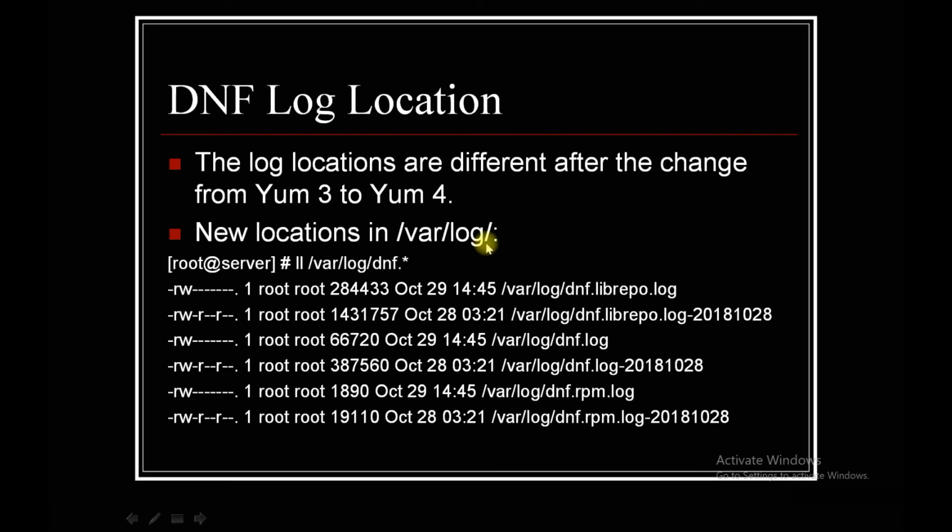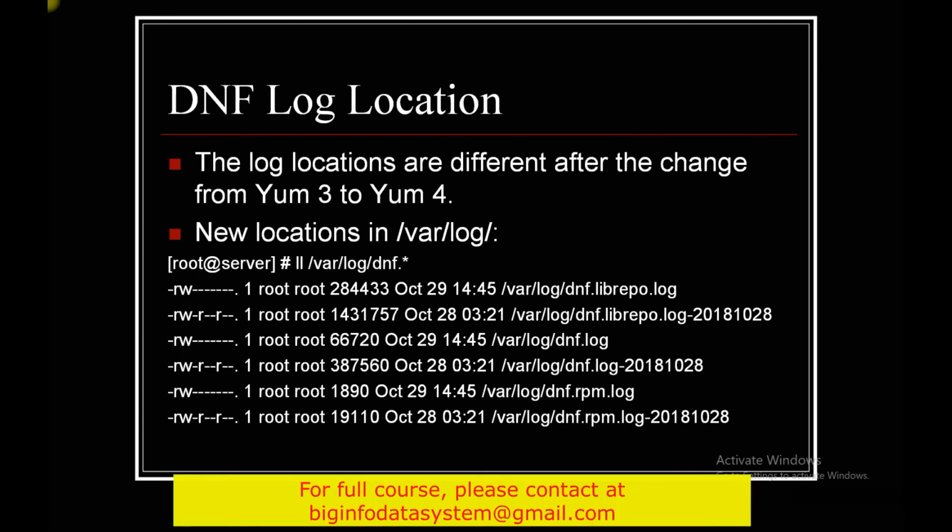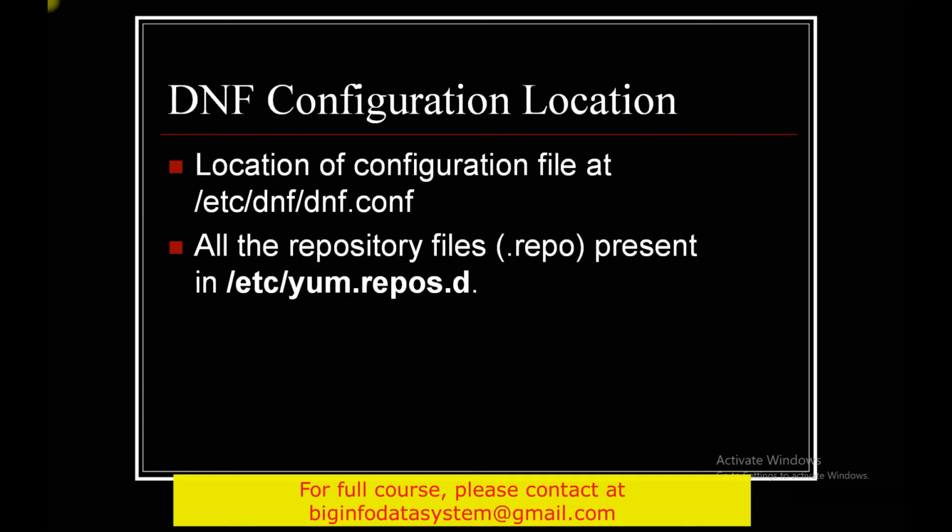Now let's move to the log locations. In DNF, the log files are located at var log, and under this you can see all the DNF related logs. You can see the functions you performed last, and all the history related things.